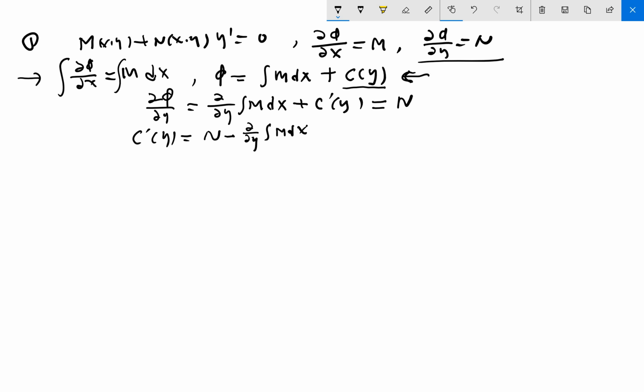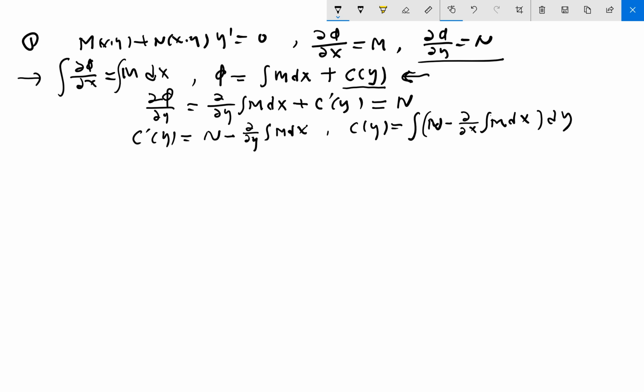Then for c of y we integrate on both sides with respect to y. So you have N here, subtract the rest, with respect to y. So finally, we can solve for our phi here.